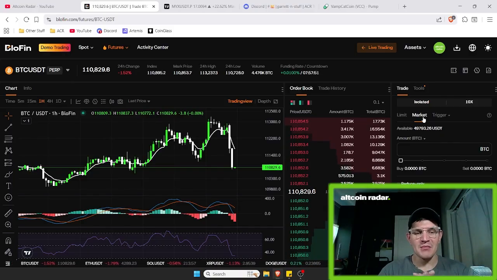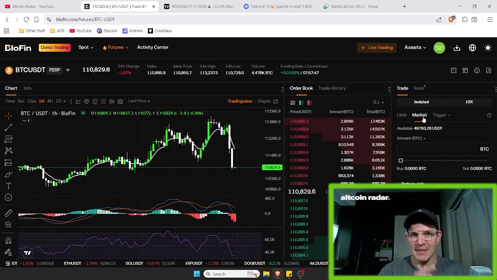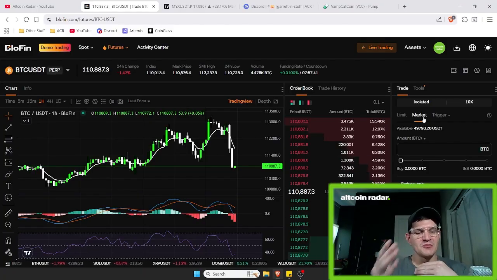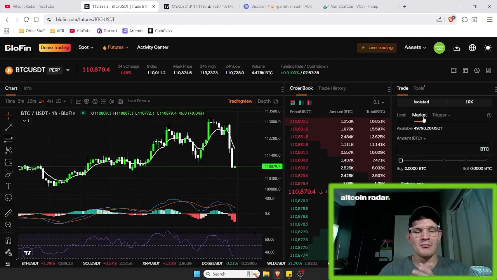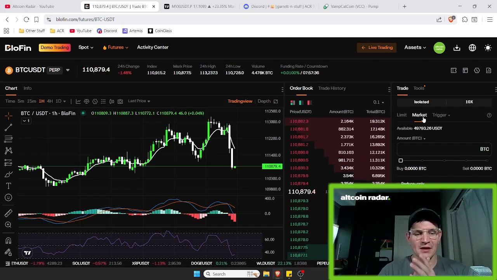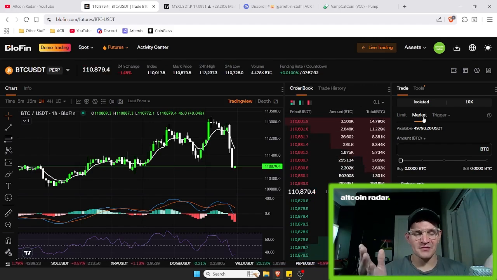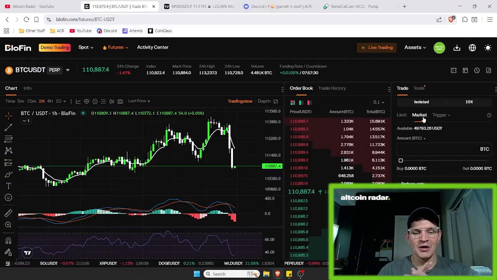When you use a market order, you're basically buying or selling crypto immediately at the best price available. For example, if Bitcoin is at $50,000 and you place a market buy order, you'll buy it at the closest price available, even if it ends up being $50,100 instead of a flat $50,000. Market orders are technically great for beginners and people who love getting into and out of trades very quickly.